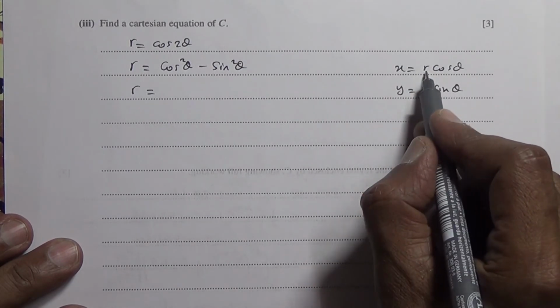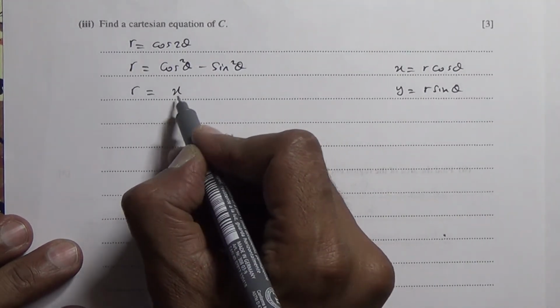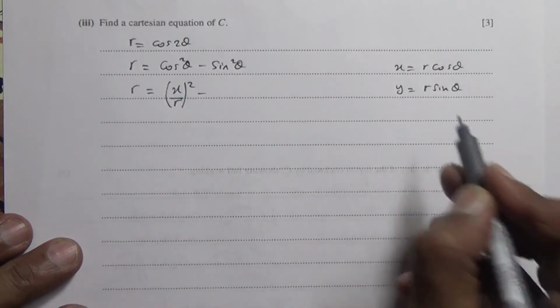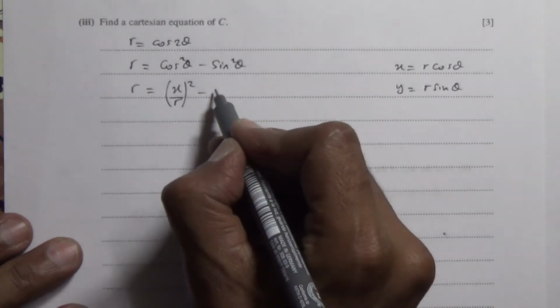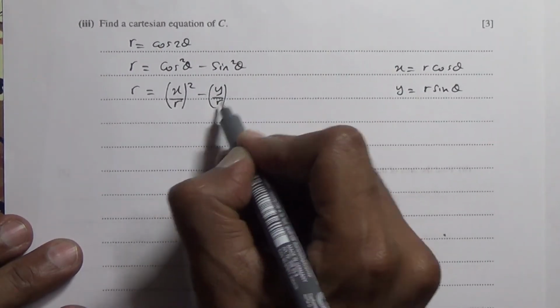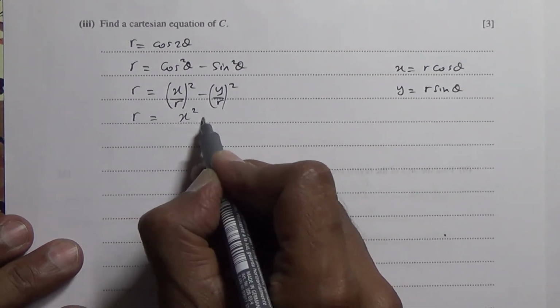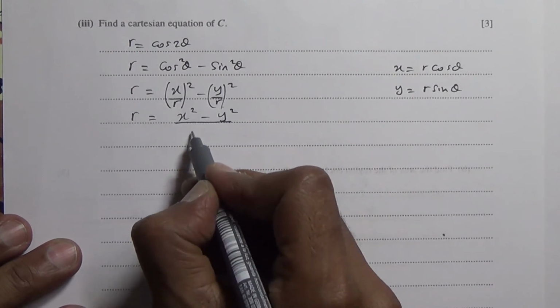Cos theta is equal to x over r. The r can come this side, so this can be x over r, and because it is all squared we can square it. And similarly sine theta is equal to y divided by r, so I got y over r all squared. And from here I can have x squared minus y squared over the common denominator of r squared.